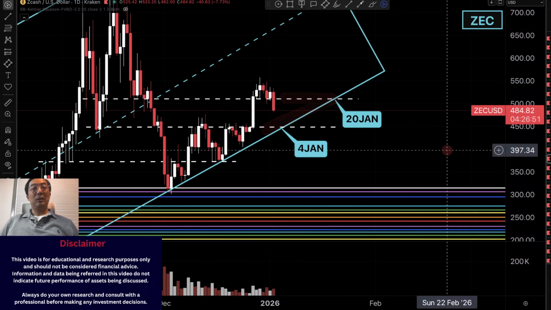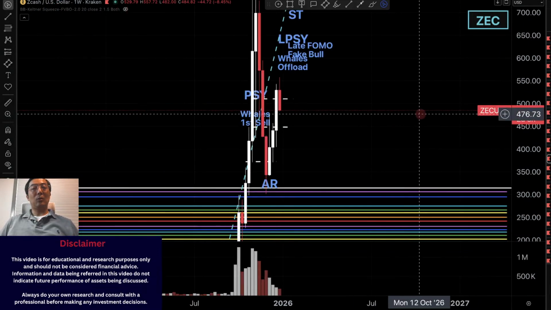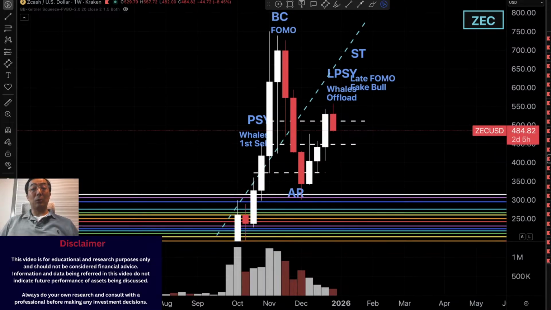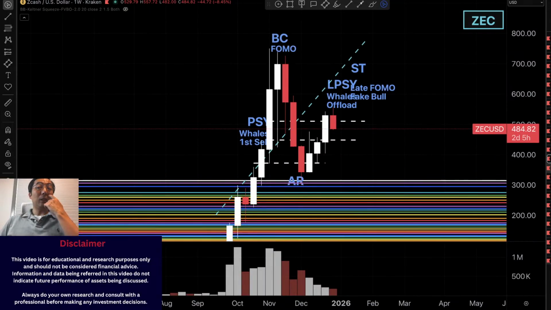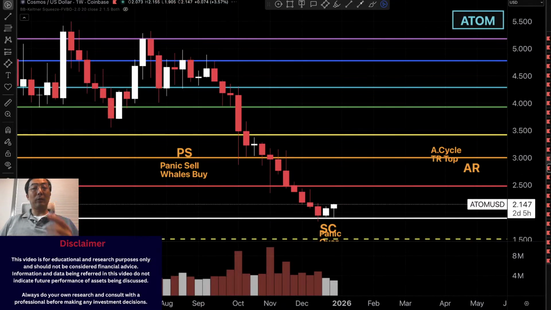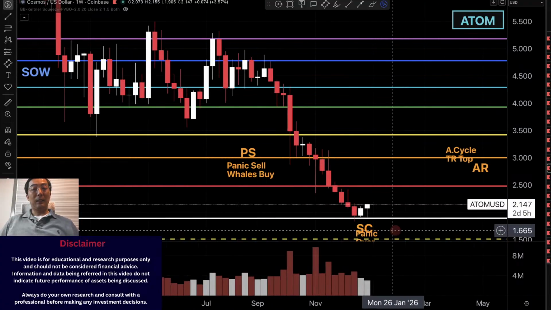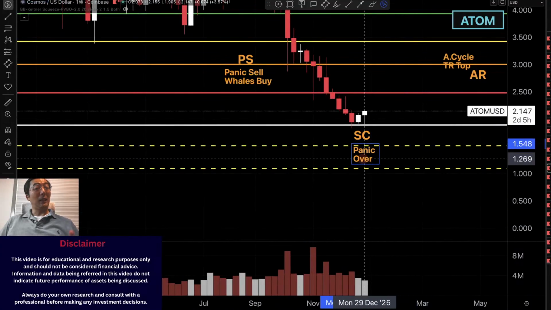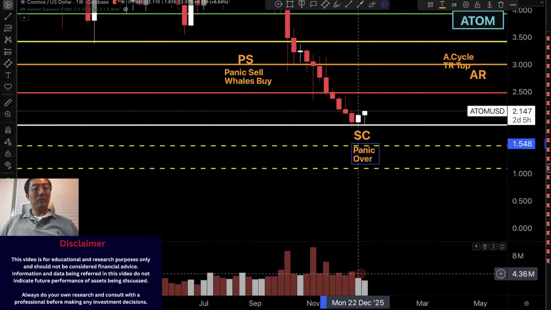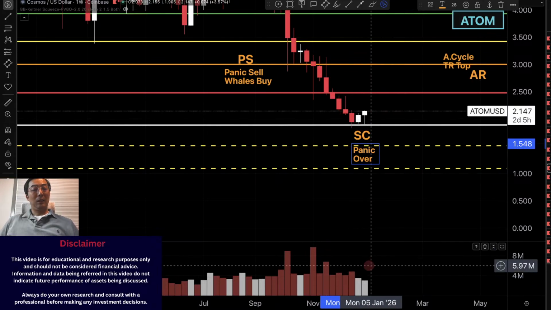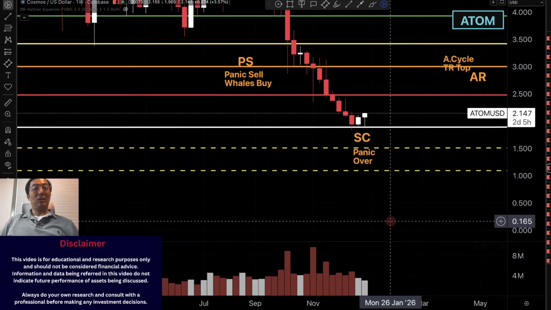Alright, after Zcash, that's all the distribution cycle projects. The one in early accumulation cycle starts with Atom, and seemingly the panic may be over. The volume of these white candlesticks is around average, so not too bad.